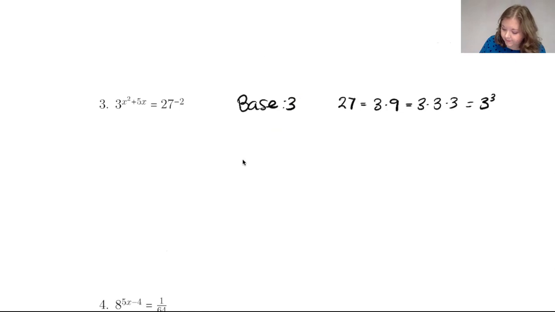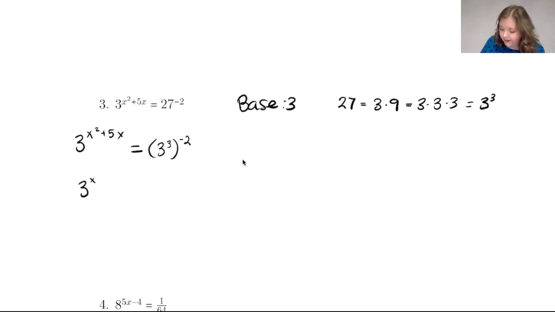Okay, so this first side already has 3 as our base. We'll just copy it down. And then this side over here, we can write 27 as 3 to the third. And then that negative 2 is on the outside. And so with our next step, we will multiply these powers together and get 3 to the negative 6 power.